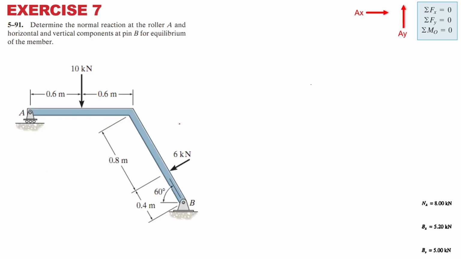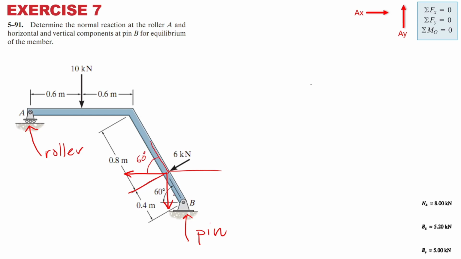And then the last one. What is this? Pin joint. This one, roller. So you've got 10 kilonewton, you've got 6 kilonewton. How do you resolve that 6 kilonewton? X component, Y component. How do you do that with 60 degrees? 60 degrees is like that.